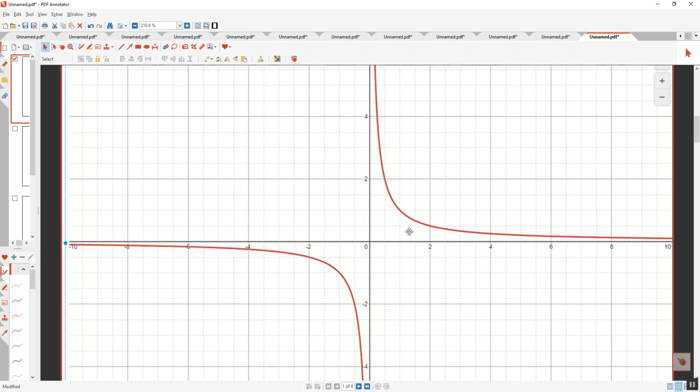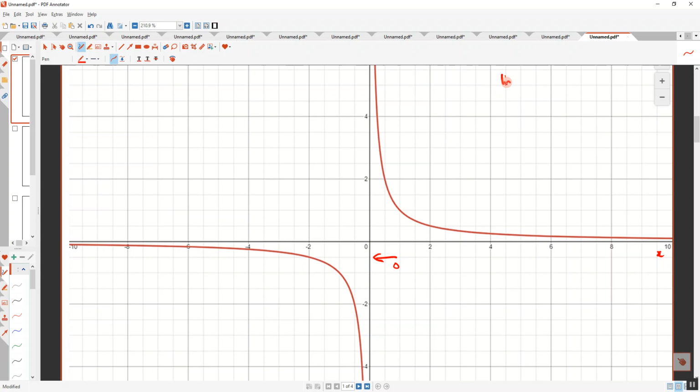Okay, so here is our graph of y equals 1 over x. And we can see from this that as x, so here's our x's, this is my x-axis, as it goes towards 0 in the positive direction, as we get closer and closer to 0, what happens to f of x? It gets closer and closer to infinity. It gets larger and larger and larger.